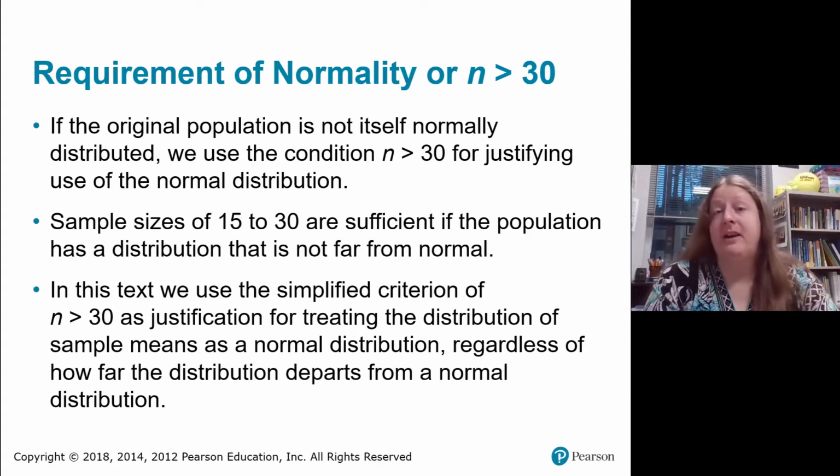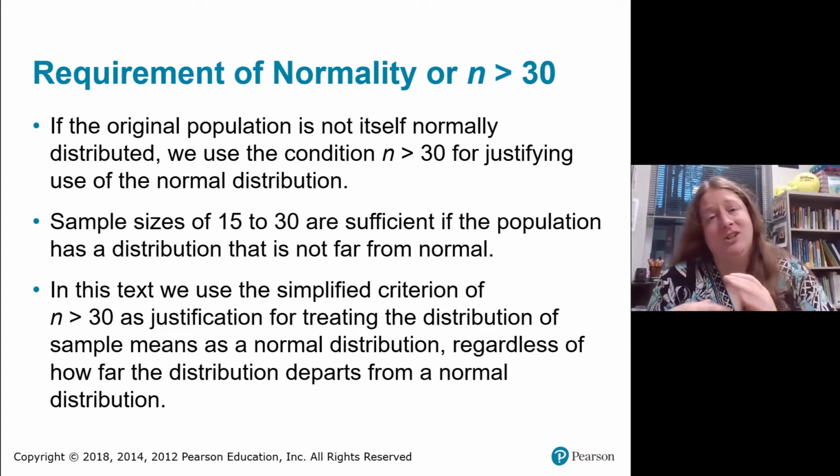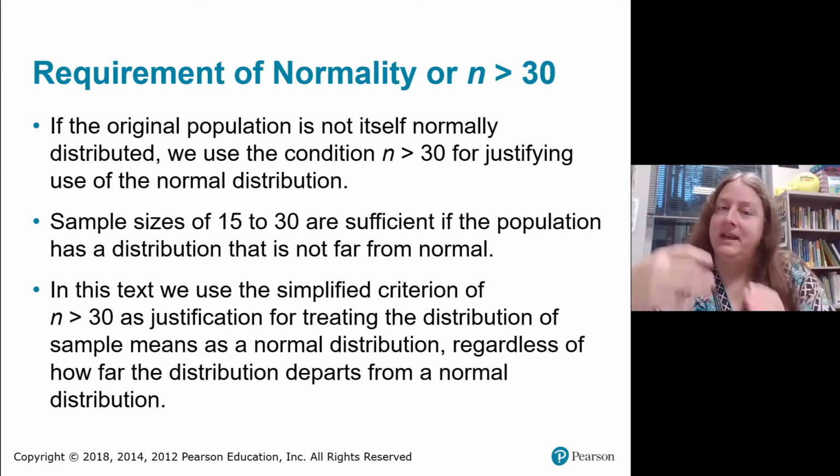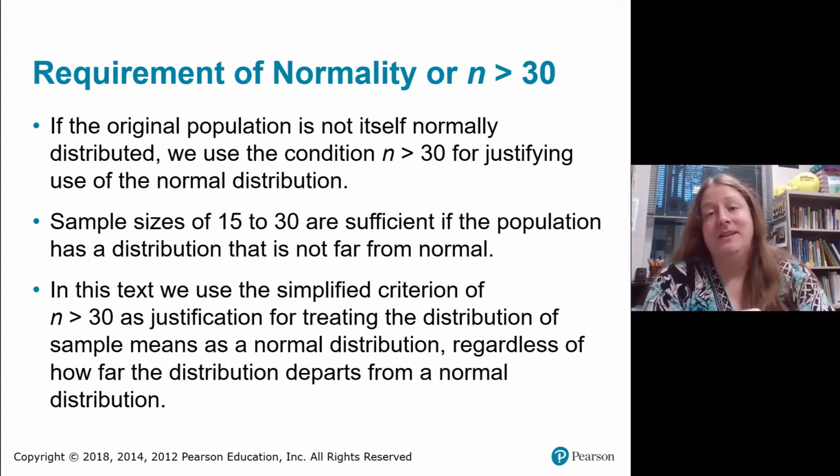But know that when you're encountering stats in the wild, sometimes sample sizes between 15 and 30 are said to be enough if the population is close enough to normal. To avoid that gray area as we're just getting introduced to this, we're going to stick to n has to be greater than 30.